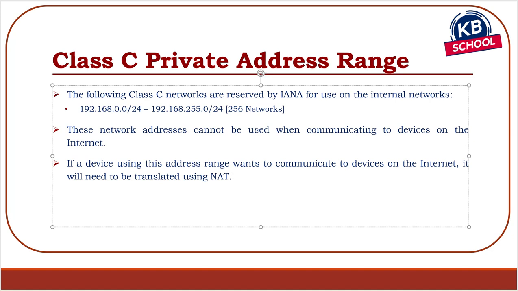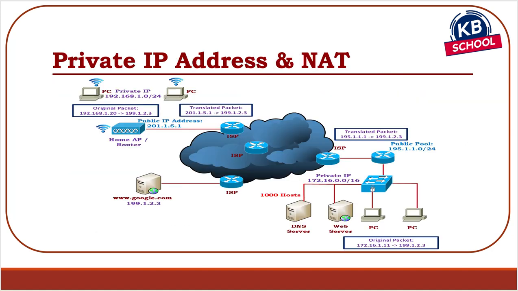A typical example of this, I'm going to show you a home network as well as an office network. In a home network, generally the ISP is going to assign your AP or router a single public address from a pool of addresses.